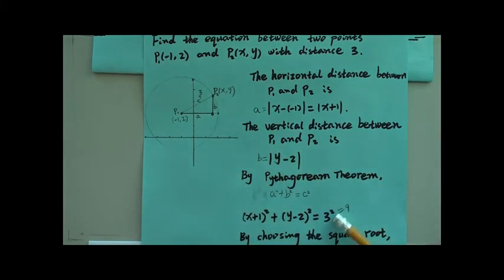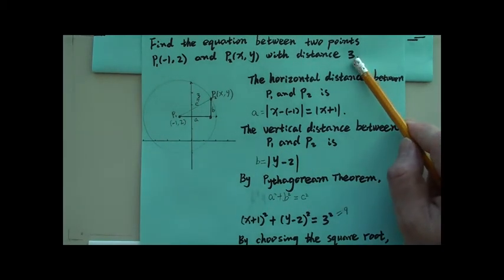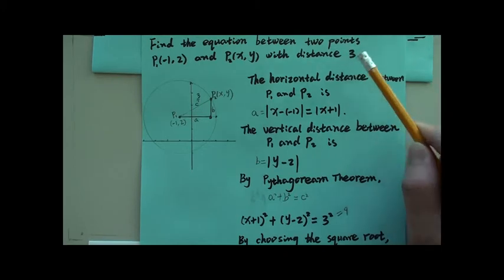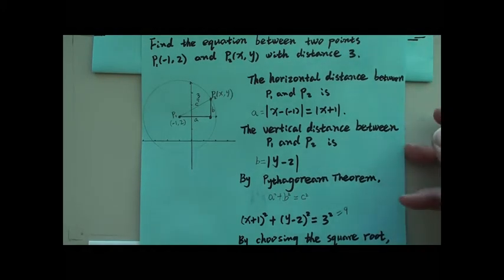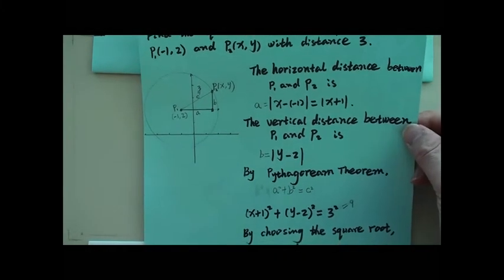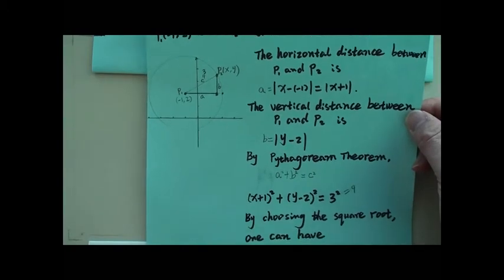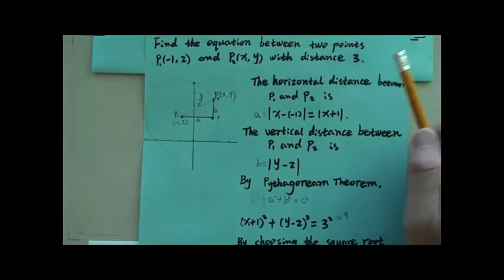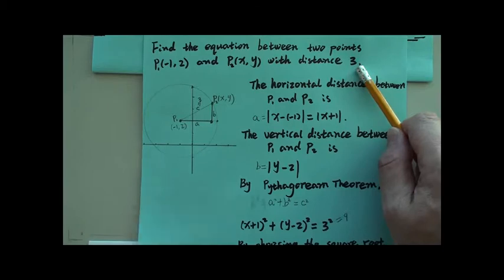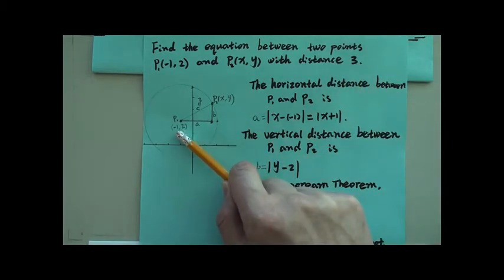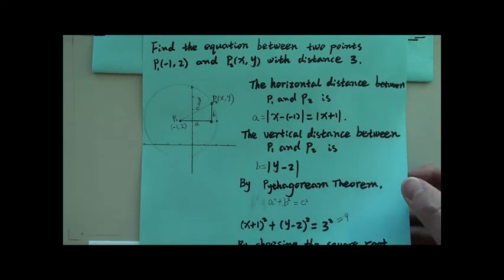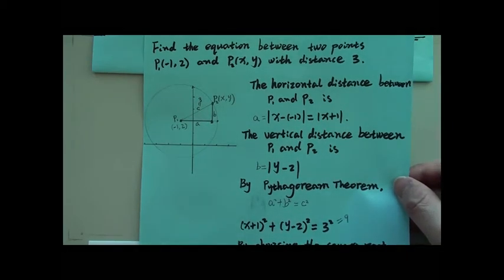The distance is 3, the radius is 3. So this is actually the equation of the circle with radius 3 and center -1, 2. So that's the solution for this one.